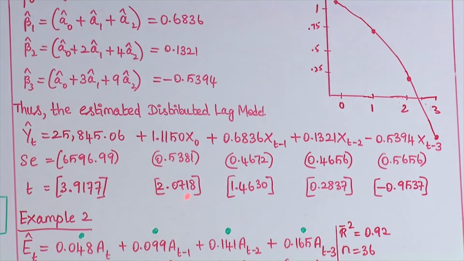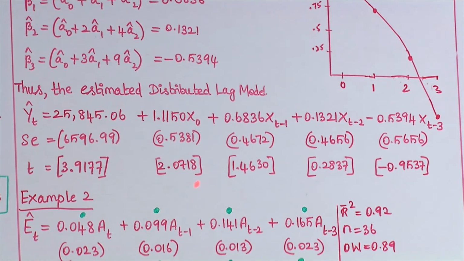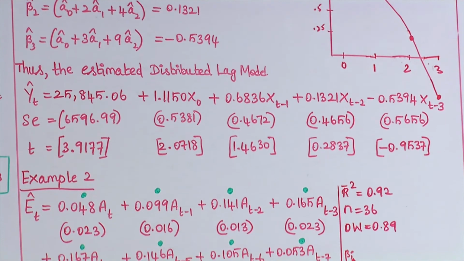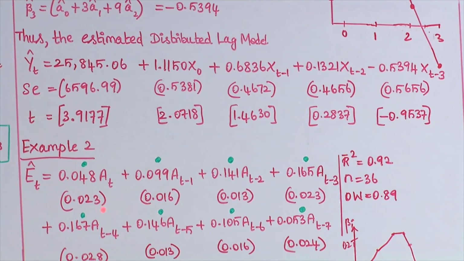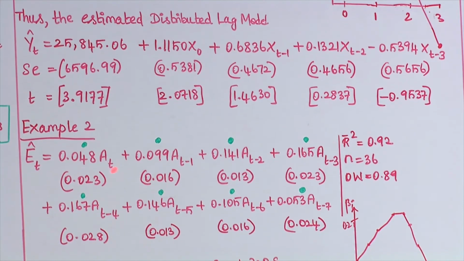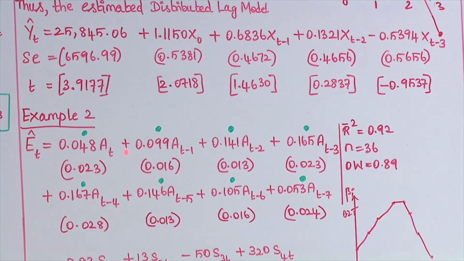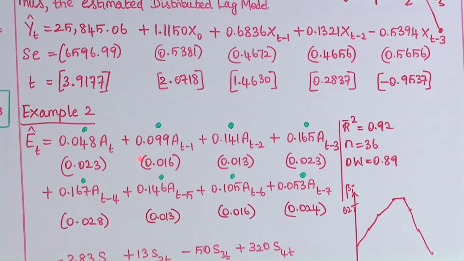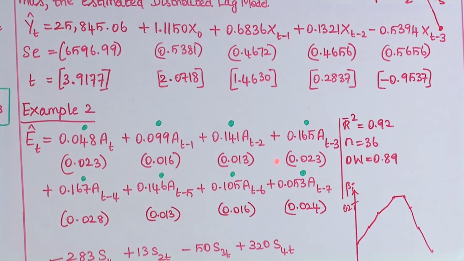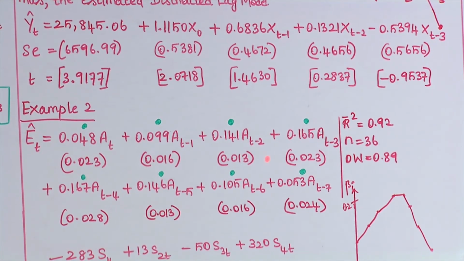This example is taken from Studenmund's book Using Econometrics: A Practical Guide, and here you get to know the effects of A_{t-1}. This is a variable, and these are the effects. In this one, the first effect increases and reaches a highest point, a threshold point, and then starts to decline.